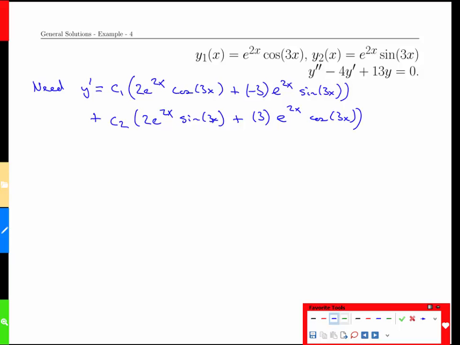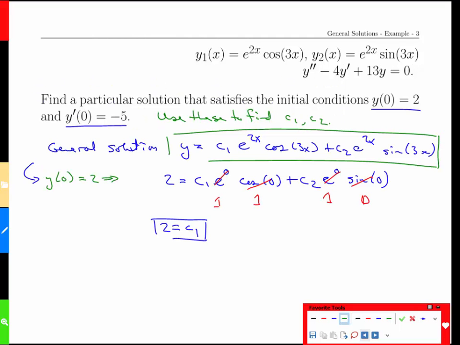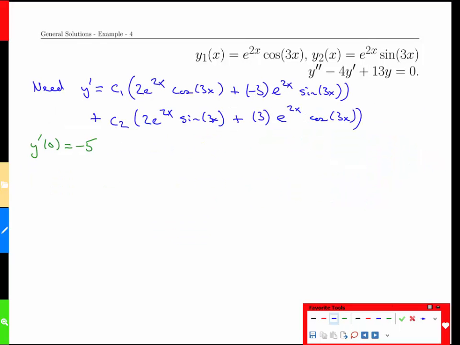All right. And then we also have the condition that y prime of 0 is equal to -5. Just confirm that. Y prime of 0 equals -5. Fantastic. And that's going to give us an implication that this derivative, -5, is going to equal this whole thing here with x equals 0 subbed in. Well, we're going to take a shortcut now that we've seen the pattern.